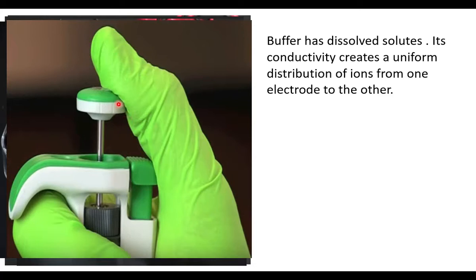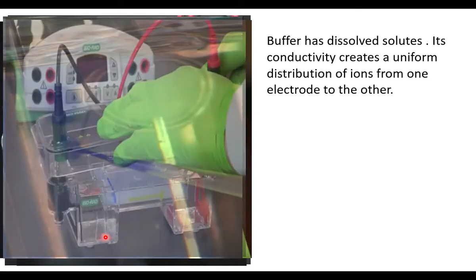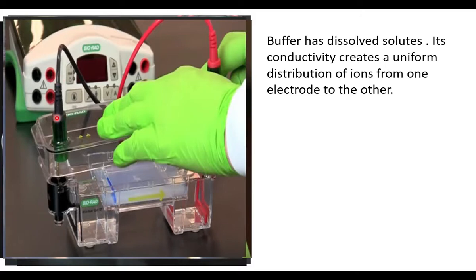Then the DNA samples are injected into the wells with a micropipette. This is a micropipette. Now the second well is filled with DNA sample. So all the wells are filled with DNA samples, and then it will be closed. Wires will be connected.